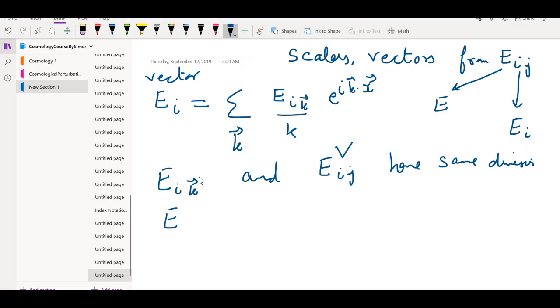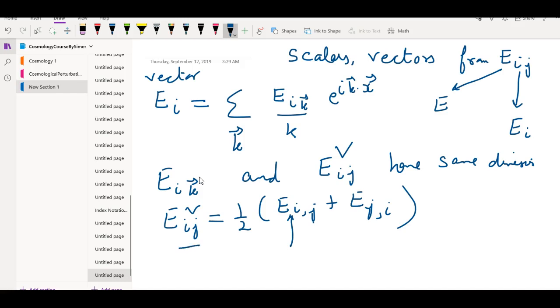So what is Eijv? It is half Eij plus Eji. That means this is obtained by taking a derivative of Ei, so we will get the same dimension as Eijv.